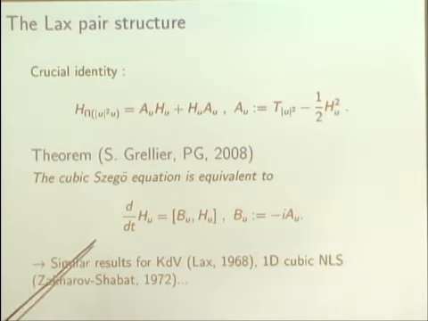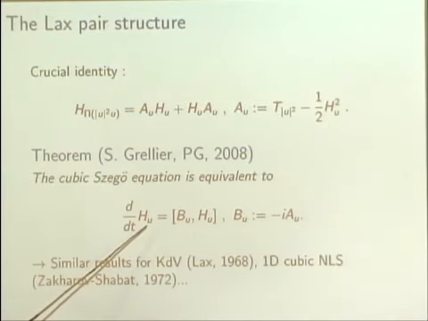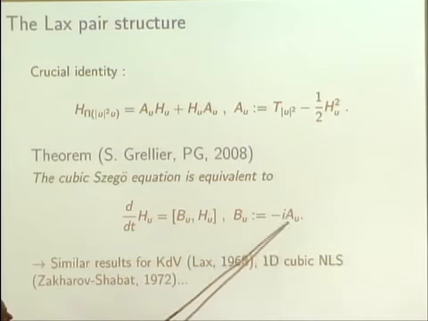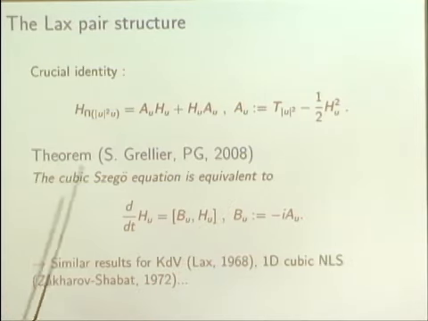Okay? And now the theorem, which is trivial in view of this identity, is that this equation is completely equivalent to this formulation, as an evolution of operators, of families of operators. So assume you have a solution of your equation here, and you look at the Hankel operator associated to this solution, and you take the derivative of this Hankel operator, and you get a commutator of Bu, which is just Au multiplied by minus i, so it's a skew-adjoint operator, commutator with Hu.